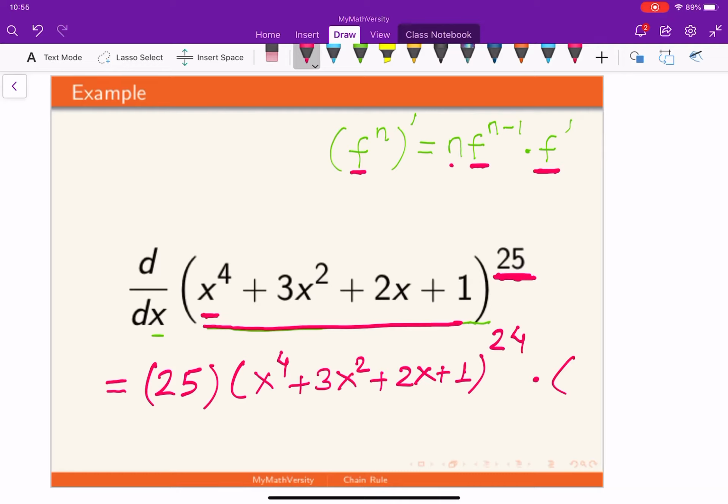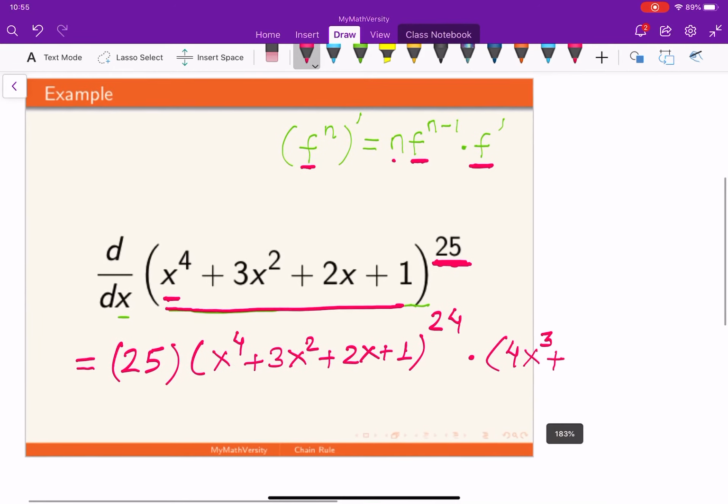The derivative of x to the power 4, by the power rule, is 4 times x cube. Then plus the derivative of 3x square: 3 is a constant, so 3 times the derivative of x square, which is 2x. So 3 times 2x is 6x.